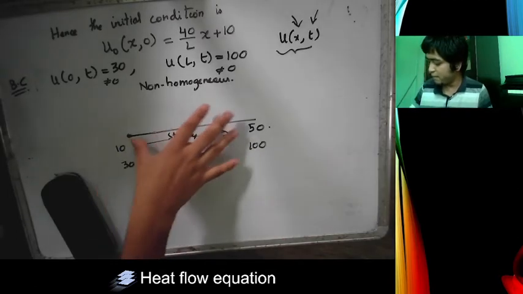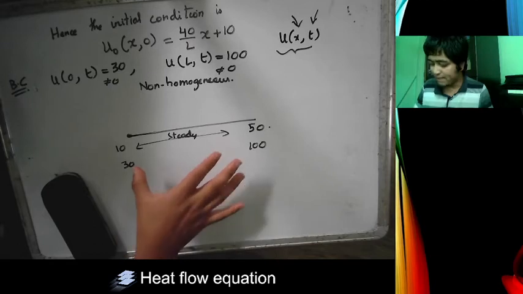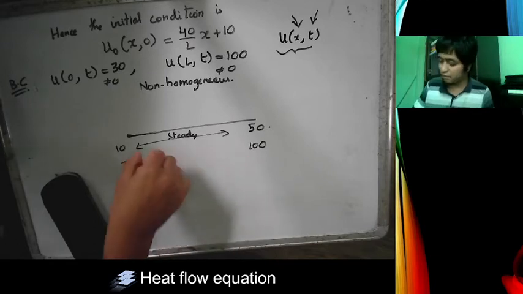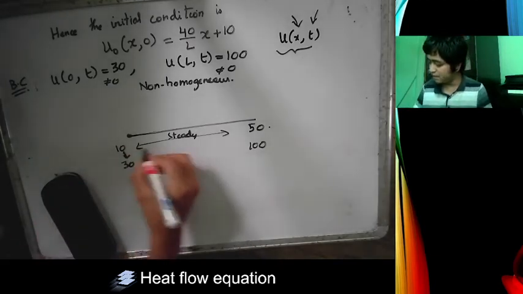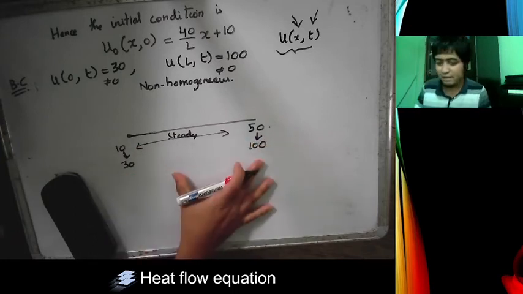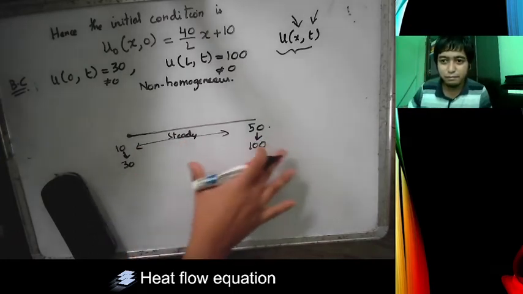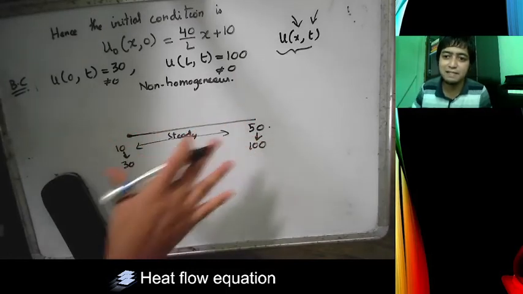So what can we do? We can think of it in this way. After changing it to 30 and 100, we let the rod achieve a steady state again.